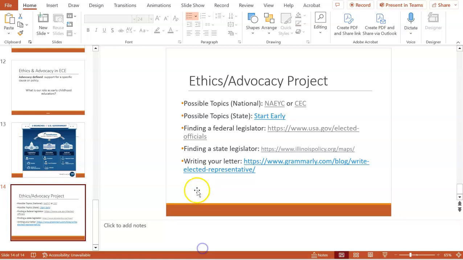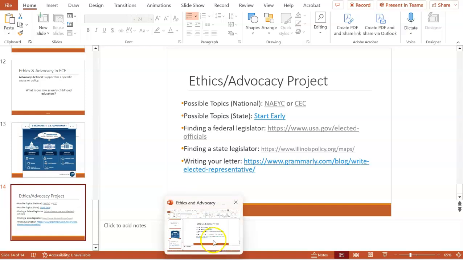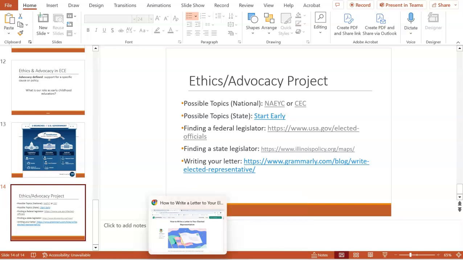So this website is what this site is here. I'll put these in the assignment guidelines as well, so that you can have access to these from multiple places.